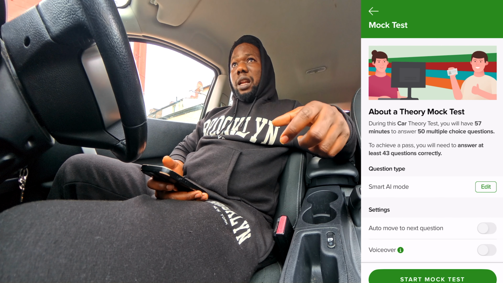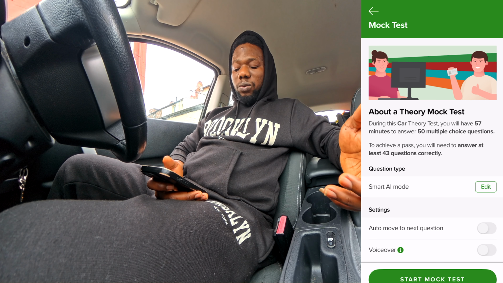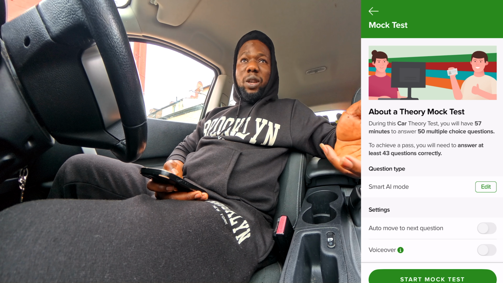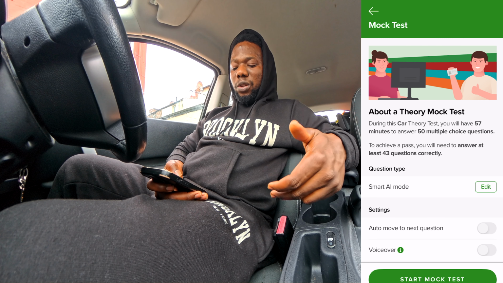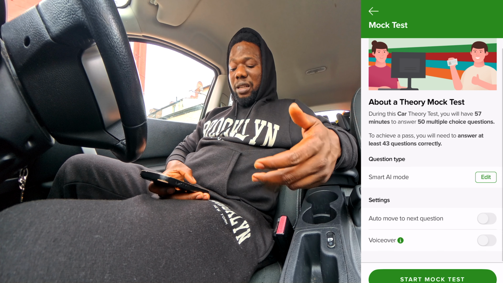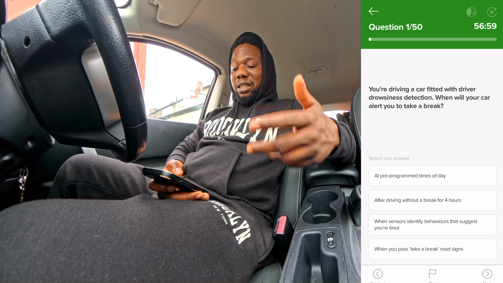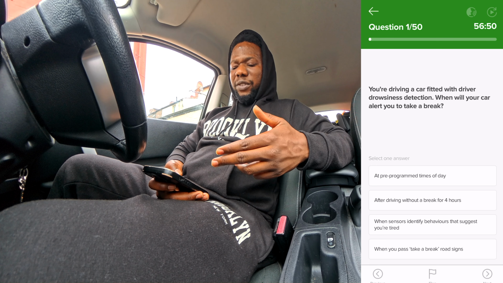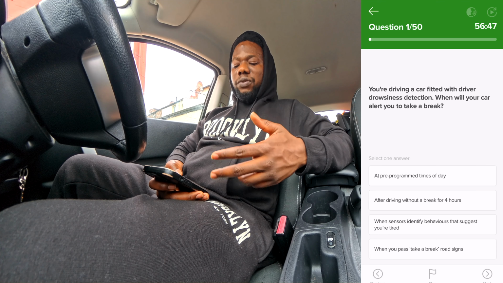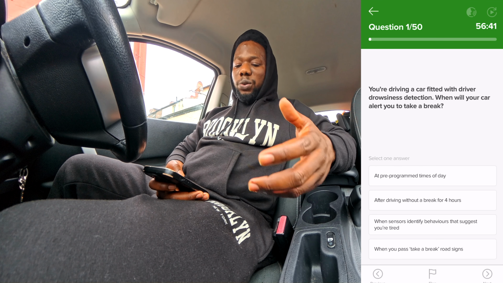The mock test is like you're doing the actual test. So when you're ready, say it's 2 weeks to your theory test, I would advise to start solving the theory mock test. The theory mock test is going to keep asking you questions as if you are at the test venue. It will give you your time. In this case, you have 57 minutes to solve 50 questions. You need to really know what you're doing.